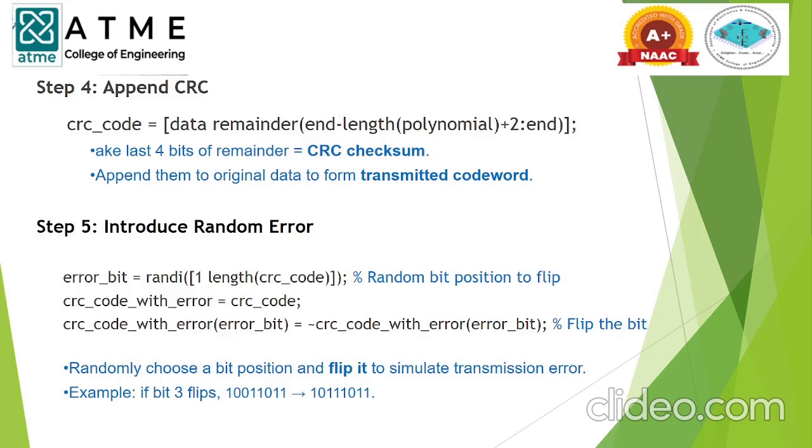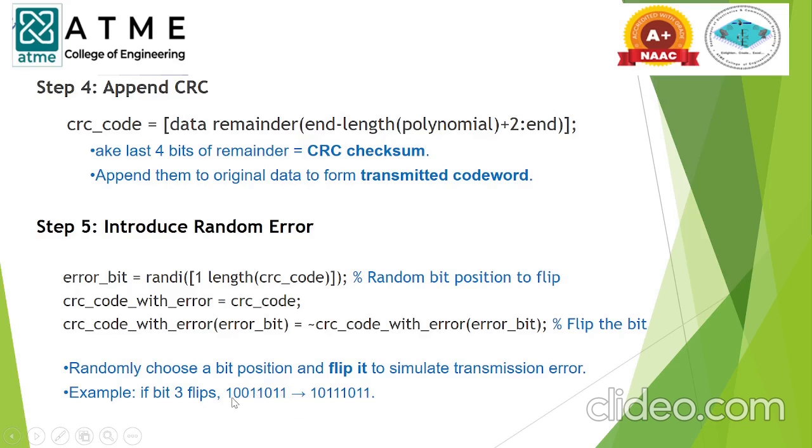So in step 5, we have to introduce the error and check for the data which has been corrupted. For that, we have a randomly generated bit which will be introduced into the data to form an error in the transmission. Here, for example, this is the data.